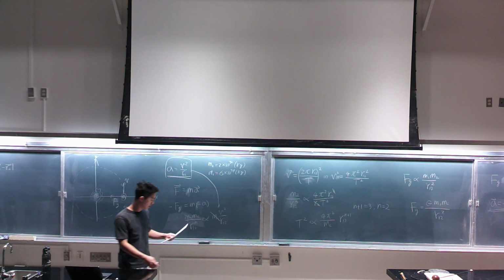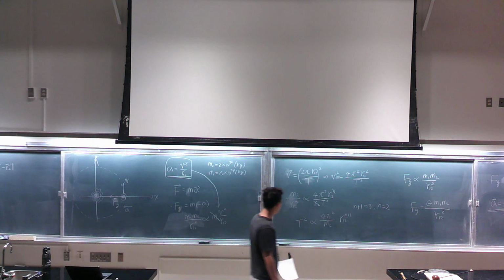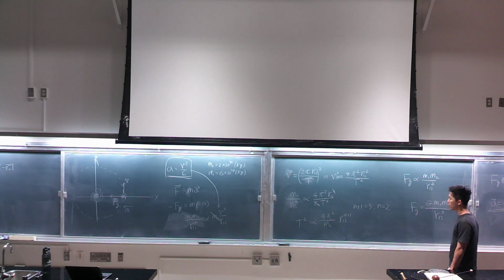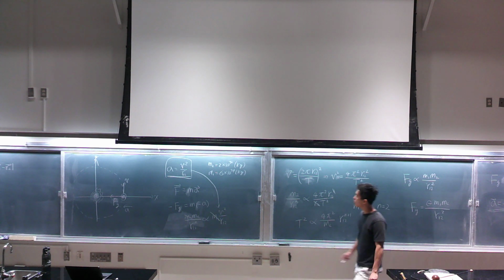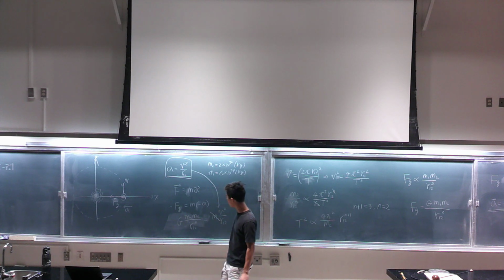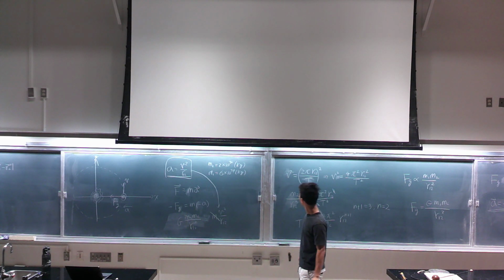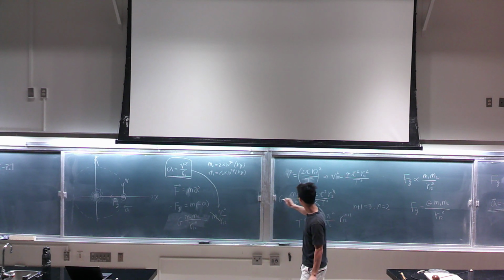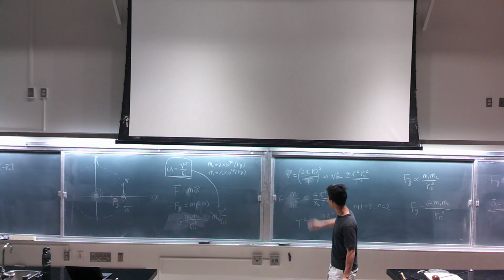Now, if I write this proportional constant as G, then that G will go into here. Now this is an equal sign. And that G will go into here. This becomes an equal sign.